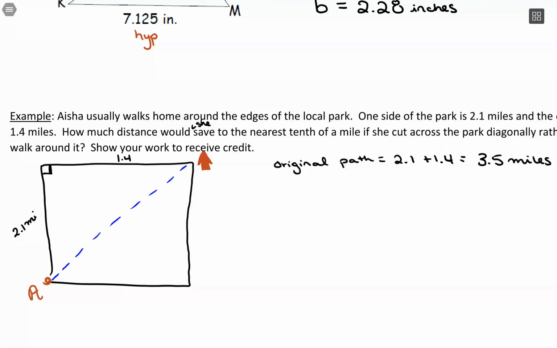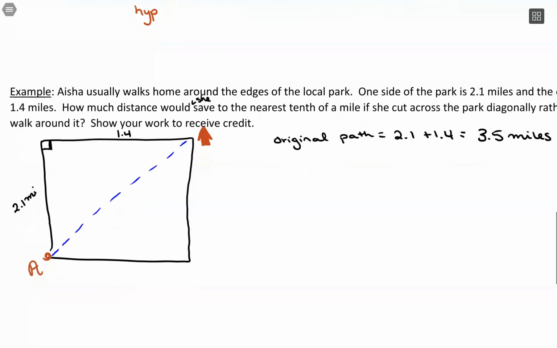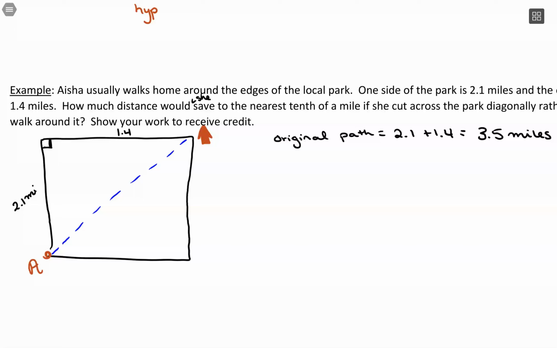So what we want to see is what's the length of this diagonal here, and that's where we can bring in the Pythagorean theorem. So we have our right angle, our unknown is the hypotenuse. So setting up our Pythagorean theorem, we're going to have our unknown squared, so hypotenuse squared equals 2.1 squared plus 1.4 squared.